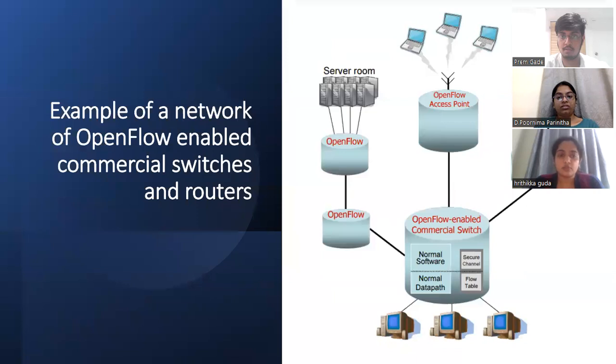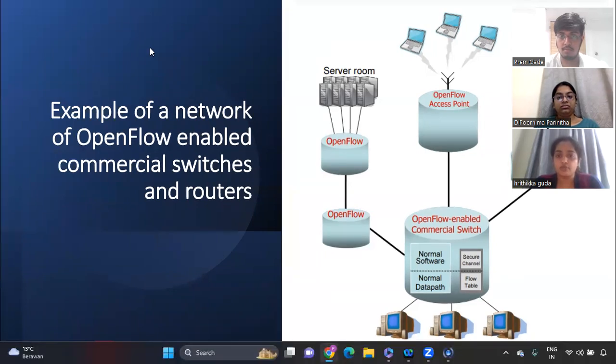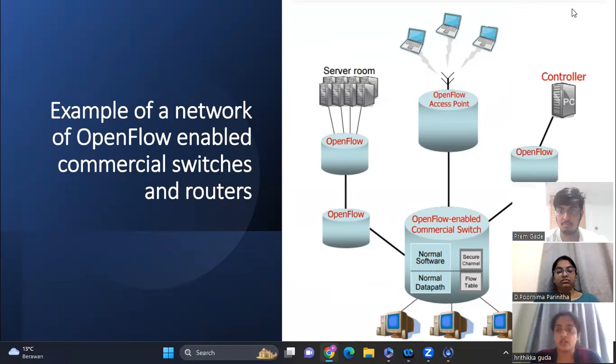This is an example of a network of OpenFlow enabled commercial switches and routers. The image shows a diagram of an OpenFlow enabled commercial switch. OpenFlow is a software defined networking protocol that allows a centralized controller to program and manage network devices.